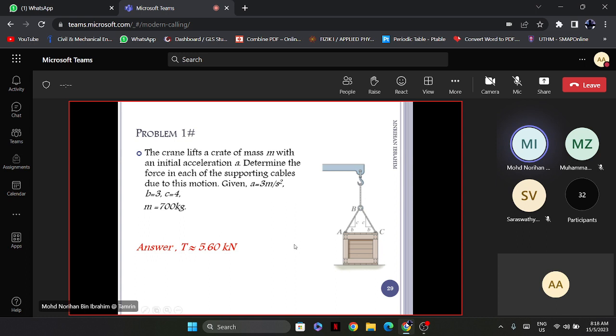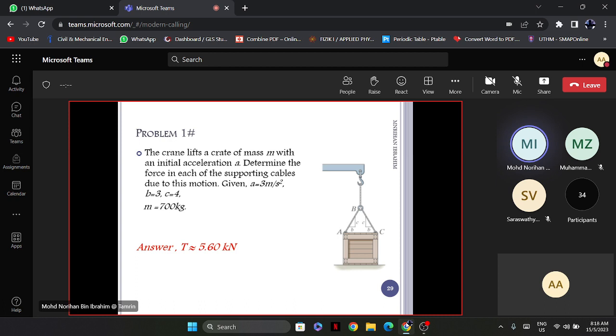The question is: the crane lifts a crate of mass m with an initial acceleration a. In this case, the acceleration is equal to 3 meters per second squared. Determine the force in each of the supporting cables due to these motions.